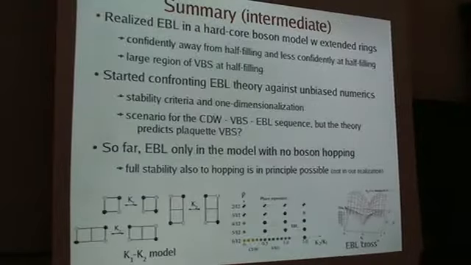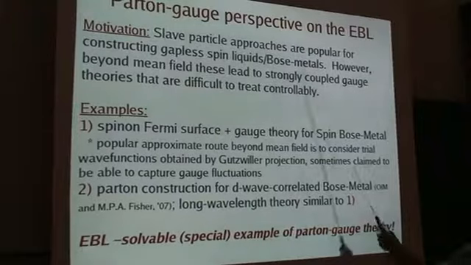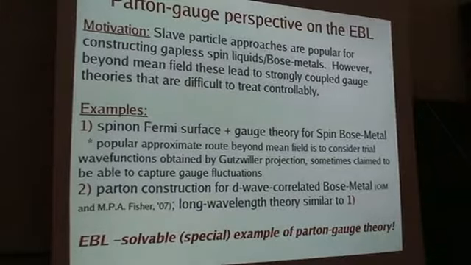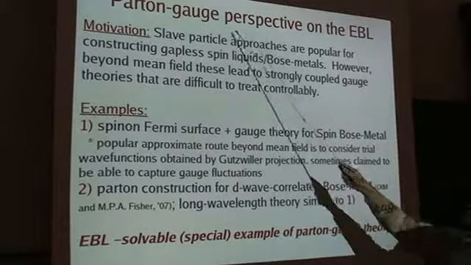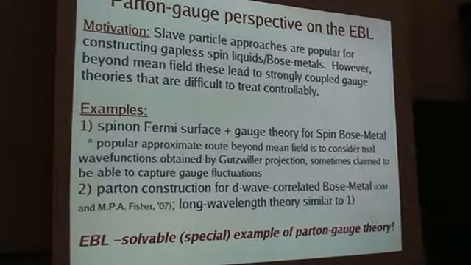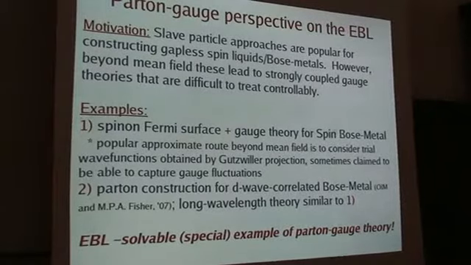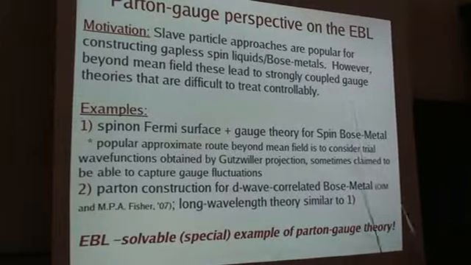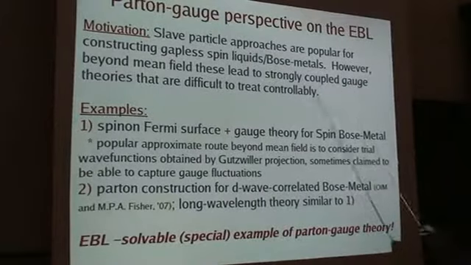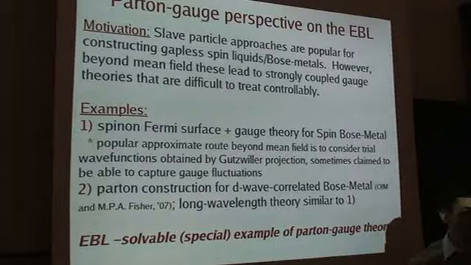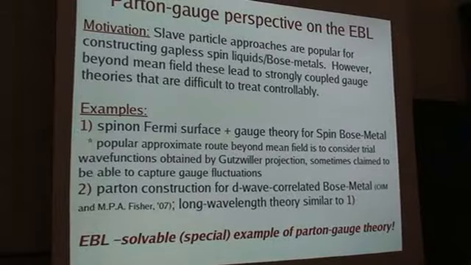So now let me switch gears somewhat and present this parton gauge perspective on the EBL, and the motivation here is that we are really trying to learn something about slave particle approaches, which are popular for constructing gapless spin liquids, but which lead to these strongly coupled gauge theories which are very difficult to treat controllably.